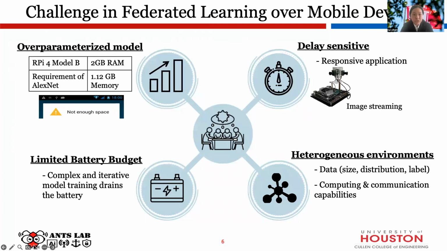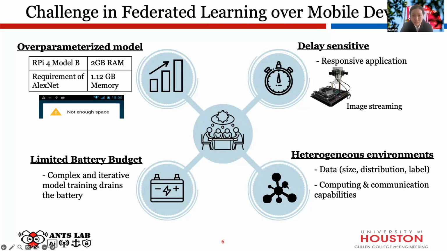Training on mobile devices is challenging since they are usually powered by batteries. And many applications require real-time feedback, so the training has to consider those delay requirements as well.